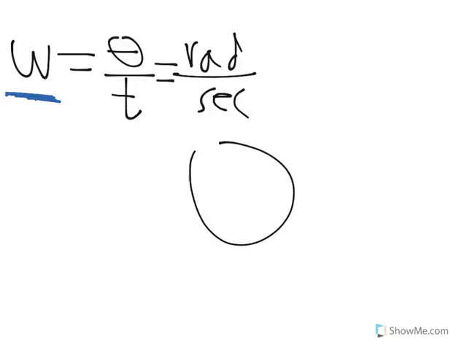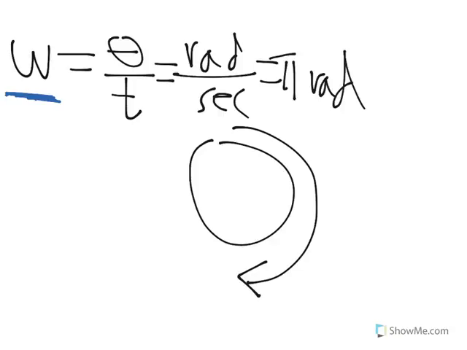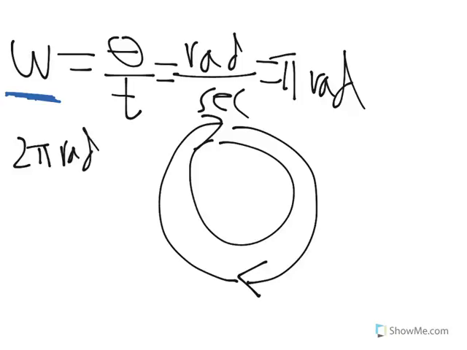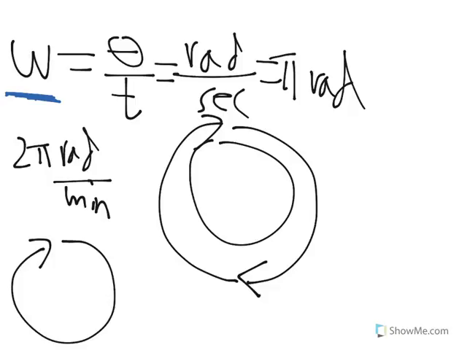If you have an object that's spinning at, say, 1 radian per second, that means in the first second it makes a full radian. If it's going at pi radians per second, that's an important distinction: it goes a full pi in the first second, and then a full pi in the second second, so in 2 seconds it's made a complete rotation. If you're going at 2 pi radians per minute, then in 1 minute you make a complete revolution, and you're going at 1 RPM.